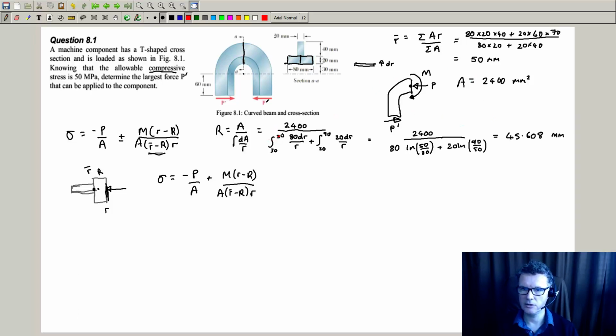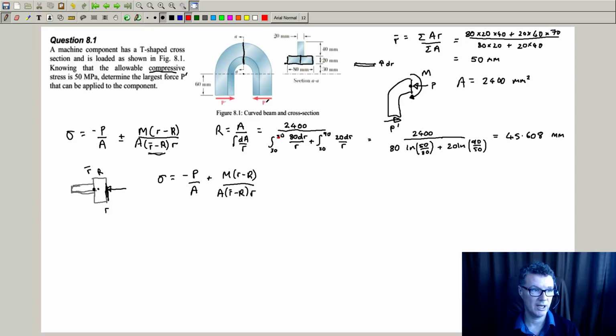So the neutral axis, although you don't agree with me. Okay, so I got that wrong.